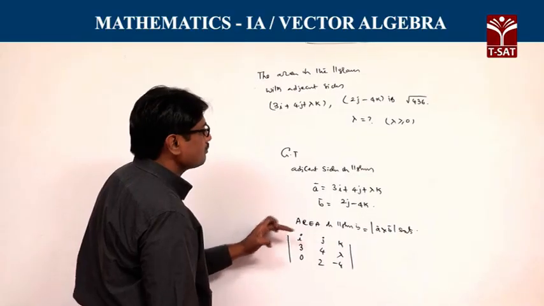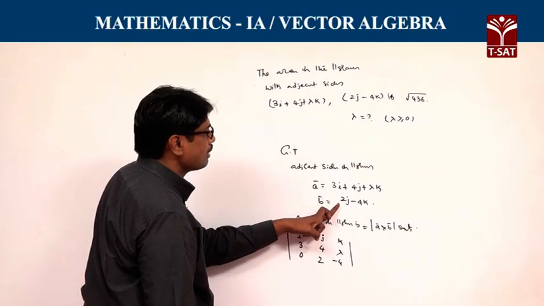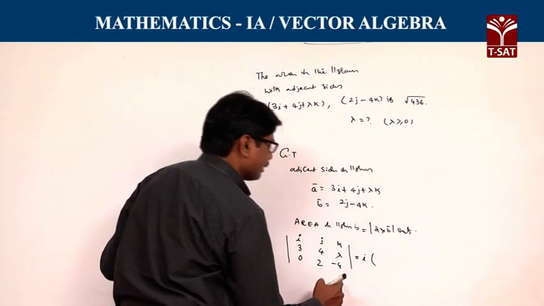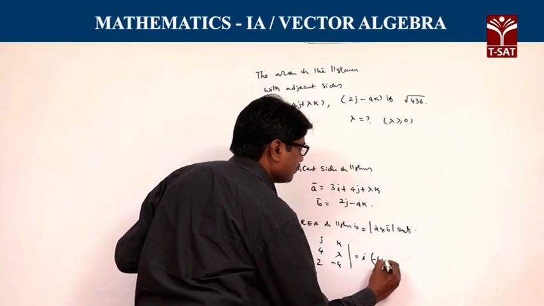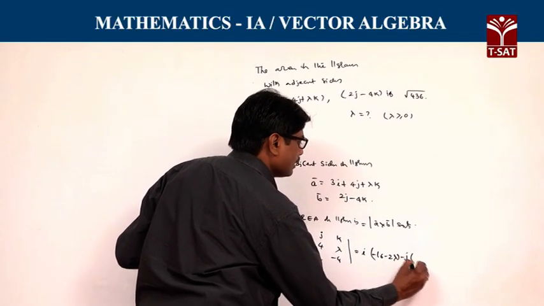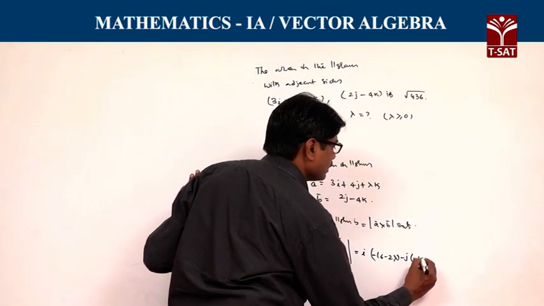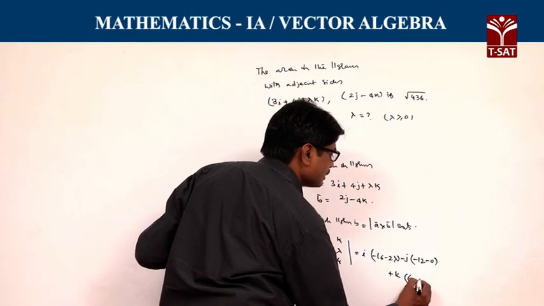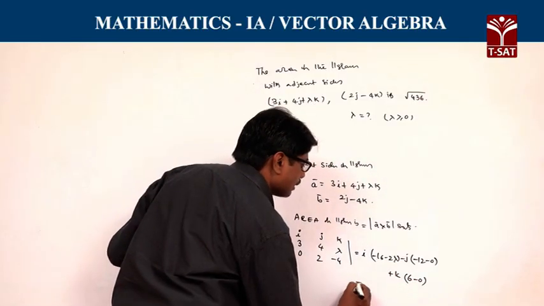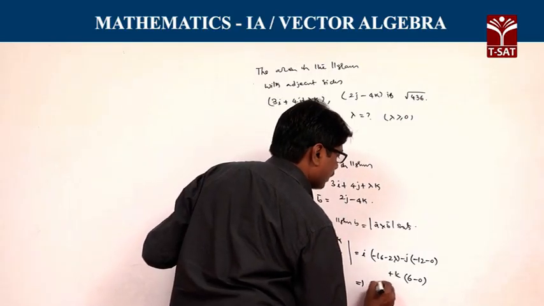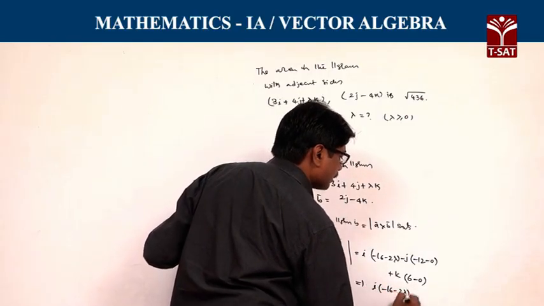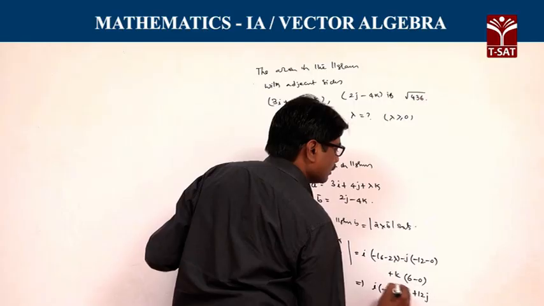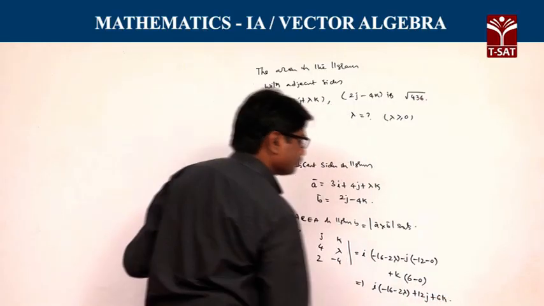First vector 3, 4, lambda, second vector i bar missing, 0, 2, minus 4, which will be equal to i bar times minus 16 minus 2 lambda minus j bar times minus 12 minus 0 plus k bar times 6 minus 0, and that is nothing but i bar times minus 16 minus 2 lambda and minus into minus plus 12 times j bar plus 6 times k bar.